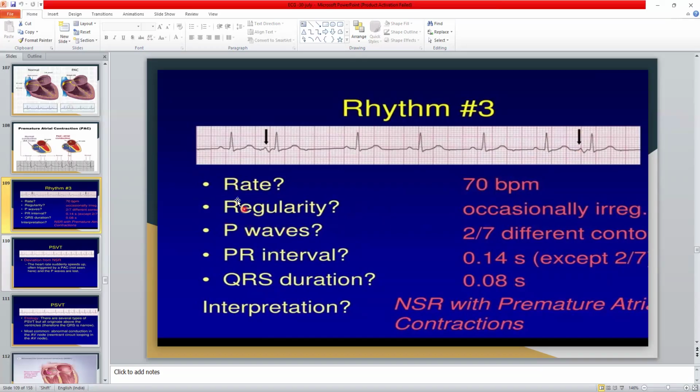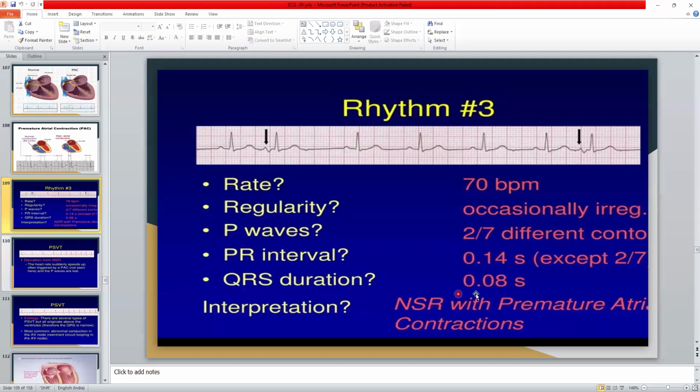What about the P waves? Whenever there are impulses from the SA node, your PQRS complex is normal with a normal P wave. But whenever it is originating from the ectopic focus, it is not normal. So the PR interval, sometimes on the normal side, you can measure it is approximately 0.14 seconds.